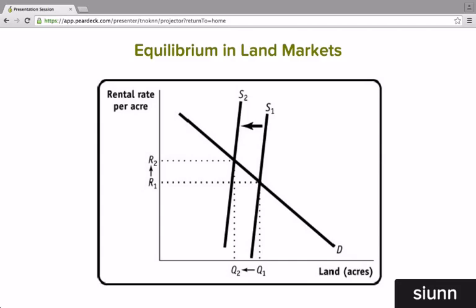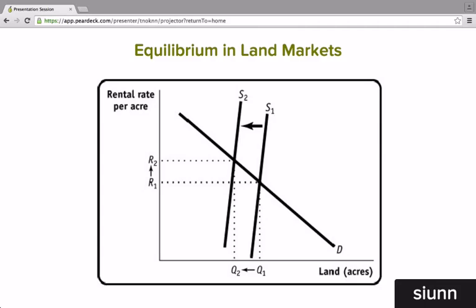Economists use the term rental rate to refer to the marginal cost or price of hiring the next unit of land or capital. Remember, when we were hiring the next unit of labor, the price was called the wage. Well, if we're talking about hiring the next unit of land or capital, the price is referred to as the rental rate, and that's something you need to know.